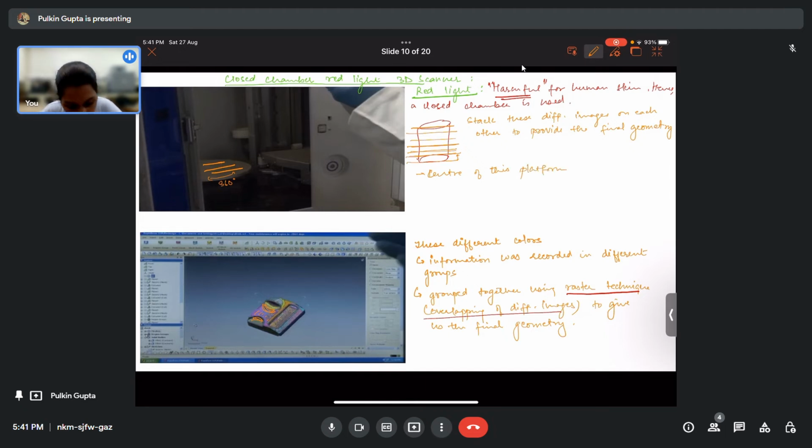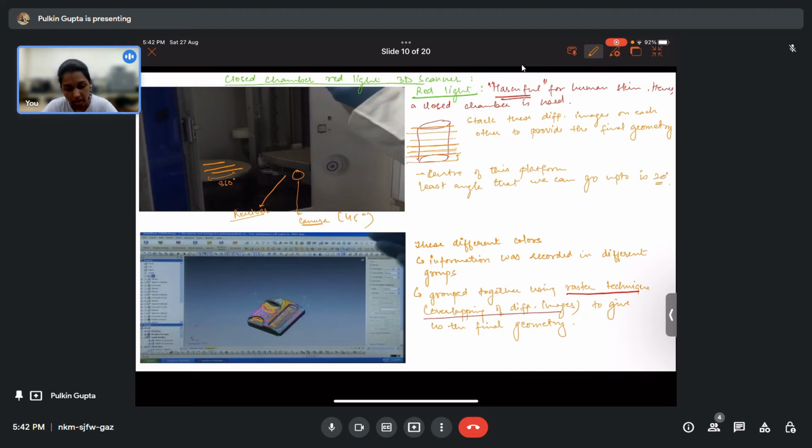Okay, now here is your camera, and beside that is your receiver. Ideally an angle of 45 degrees is maintained between them, but the least angle that we can go to is only 20 degrees.